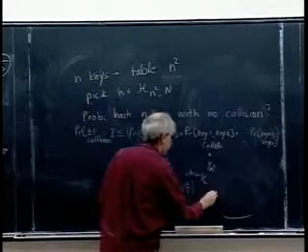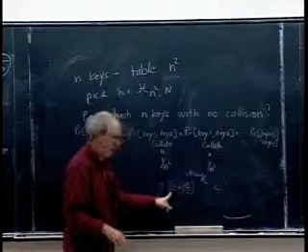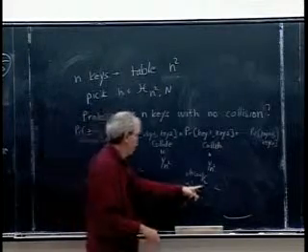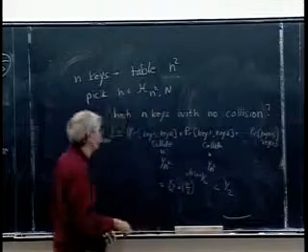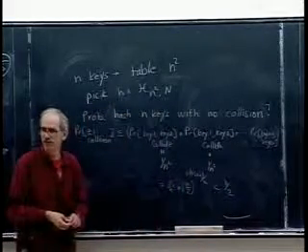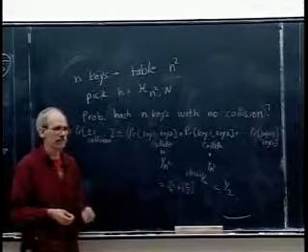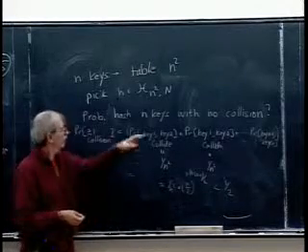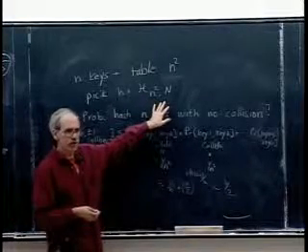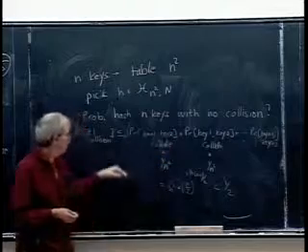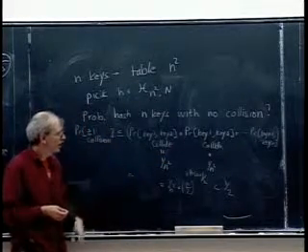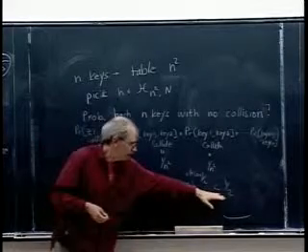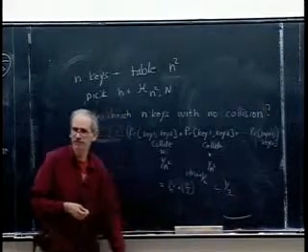So n squared cancels this, and we get 1 over 2. So it's less than a half. So when I pick a random function from this universal class, the probability that I'll get 1 or more collisions is less than a half.